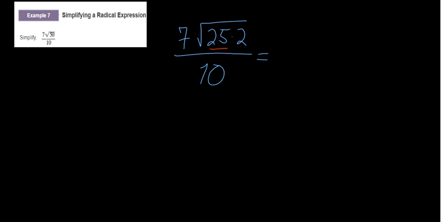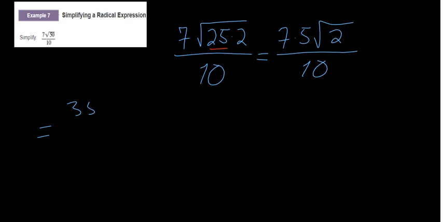So we're going to have 7 times 5 on the square root of 2 over 10. Then 7 times 5, that's going to be 35. There's a couple ways we can go about it, but we're going to do it this way. So 7 times 5 is 35 on the square root of 2 over 10.